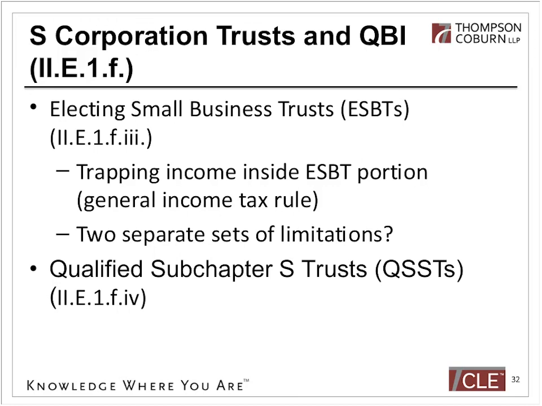The electing small business trust: the code and regulations basically say that the S corporation items are considered to be almost like their own separate trust. So if you have a trust that has S corp stock and a portfolio of marketable securities, the S corp stock's taxation is calculated as if it were its own standalone trust.